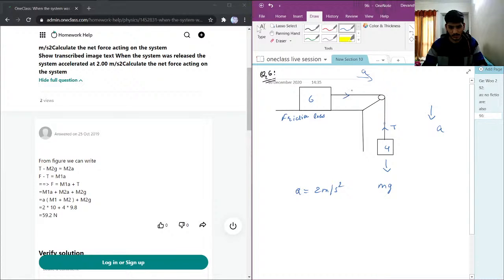This is going to be the normal force N. This 6 kg block is moving in this direction, so the tension is pulling it.